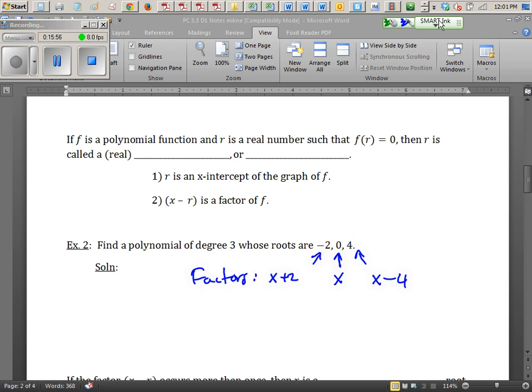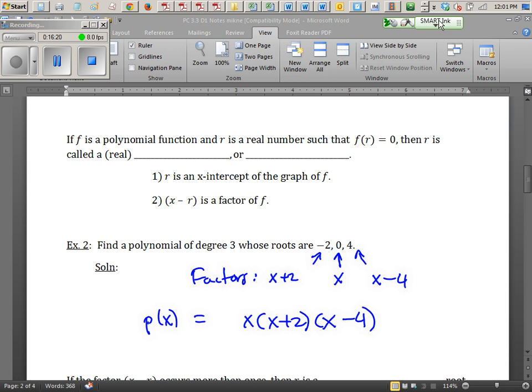See? You can tell from the roots. Now, a polynomial that would have these factors would, in factored form, look like this. This would be the answer. This is a polynomial with the roots 0, negative 2, and 4.